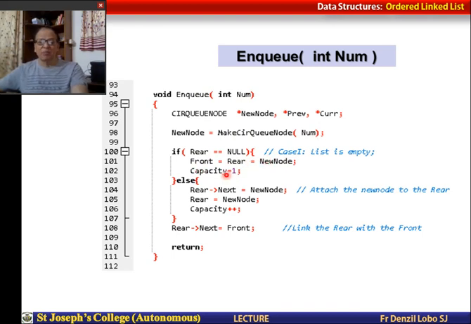Otherwise, if there is already a list, then I attach the new node to the end of rear next, then make that new node the rear and increment the value of capacity, and then I say rear next is equal to front, or link the rear with the front. So this is the function called enqueue to insert a node at the rear of the queue.